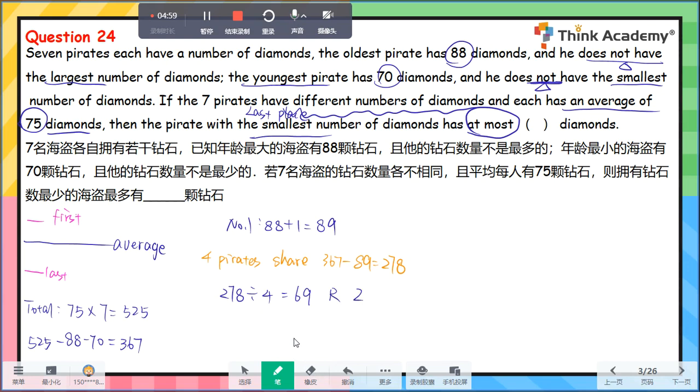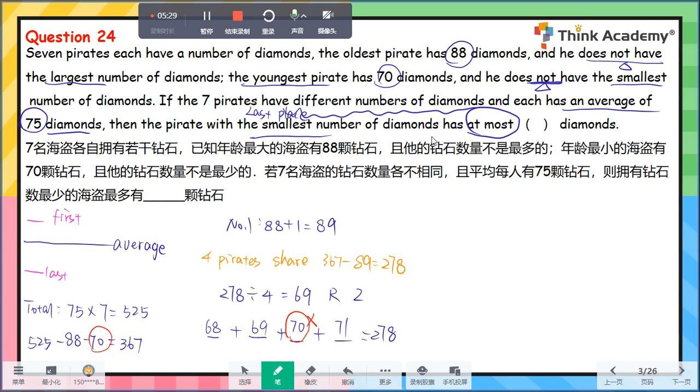Then let's see. The question becomes: we want to find four different numbers that add up to 278. The easiest way is to make 69 the first one, and then 70 and 68, because the remaining two can be given to the biggest number. Is this true? Pay attention to this number, 70.